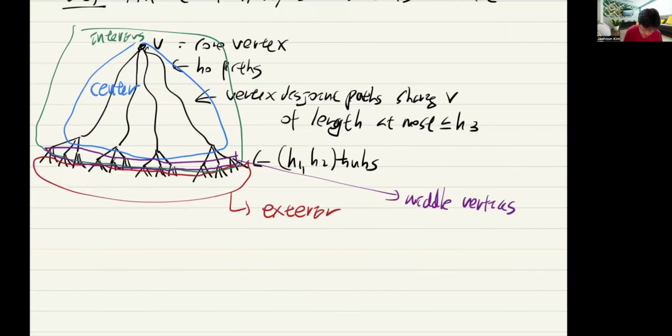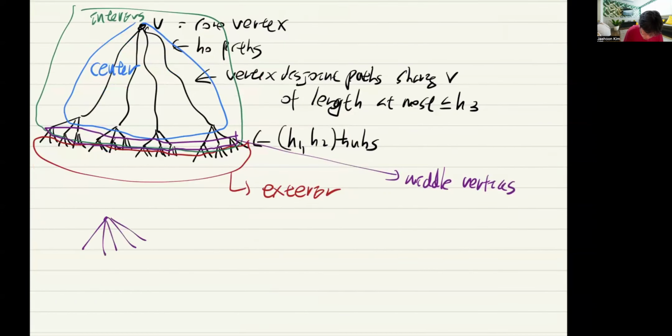This will replace the star that we saw before. This part is the exterior, so it will be large enough so that we can connect them while avoiding centers of other parts and previously built paths. And the center is small enough so that you can avoid it while obtaining the paths using the connection lemma.